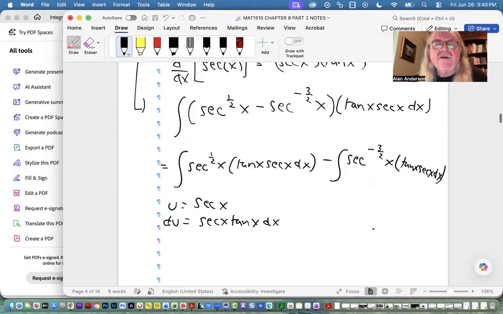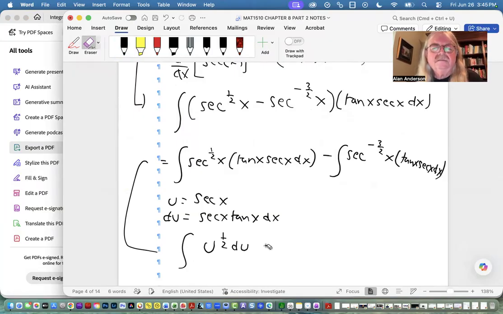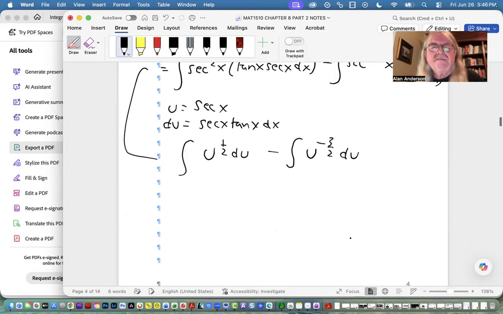So we have here u to the 1/2 du minus u to the minus 3/2 du. And of course, this is easy because we're just going to use the power rule.